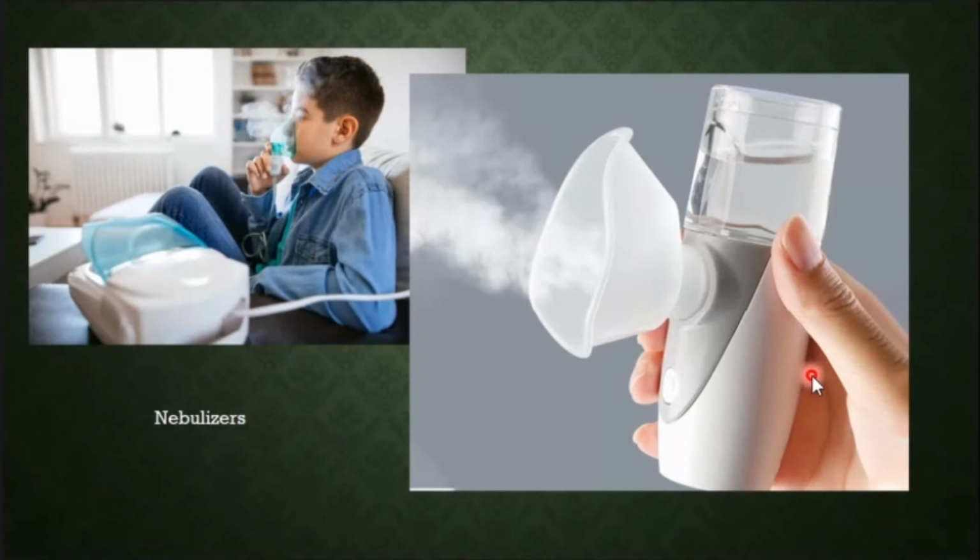They are battery operated, and sometimes come with a chargeable USB. So it's very user friendly and pocket friendly, and you can carry this nebulizer in your pocket in place of your metered dose inhaler. These are the different types of devices through which we give inhaled medications.